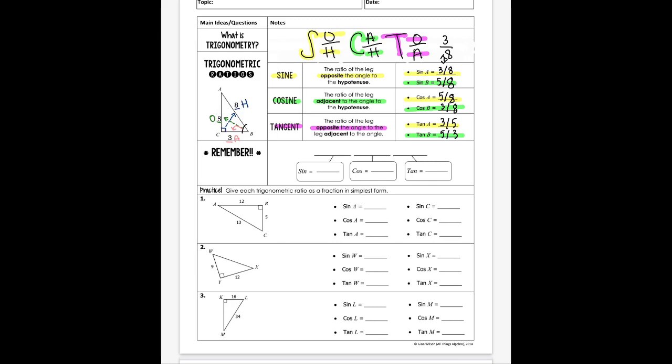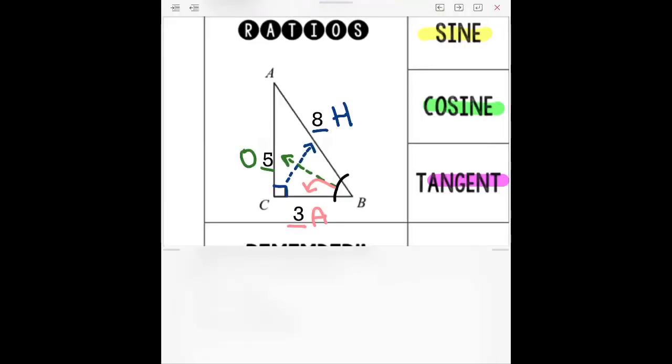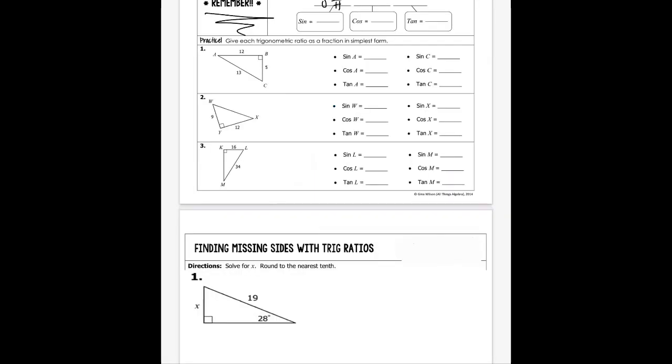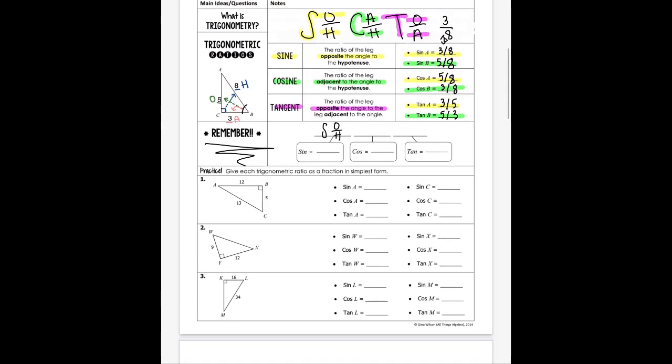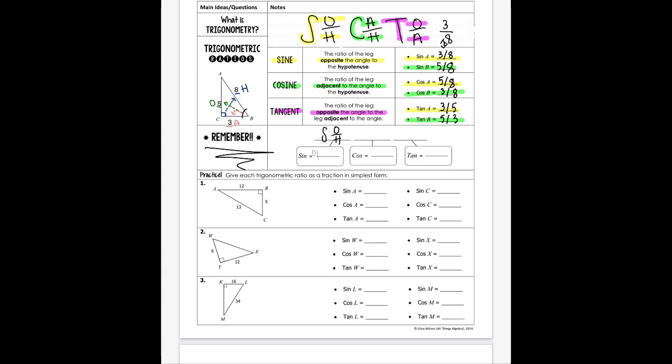The last thing I want to remind you of is this. The SOH is just representative of sine equals opposite over hypotenuse.